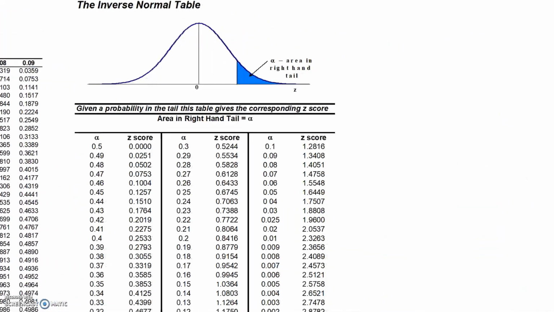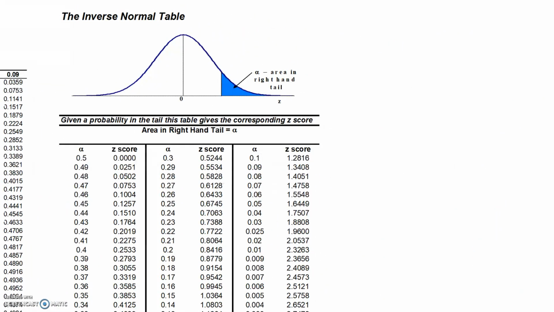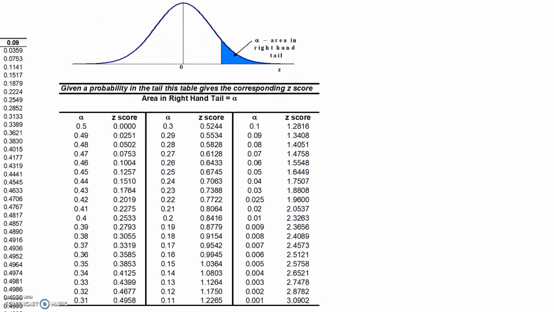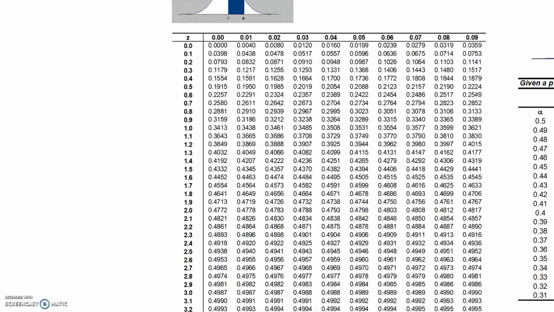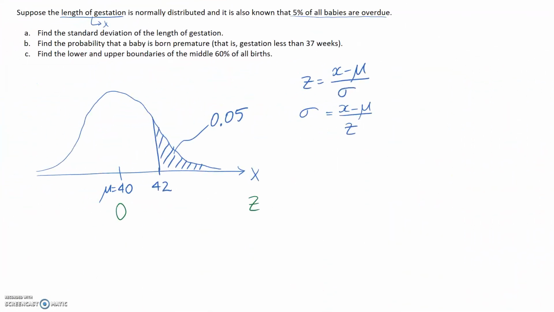So let's scroll over here. This is the inverse table. We're interested in this bit here being 0.05, so that's going to correspond to this z-score, 1.6449. Right, so that's the corresponding z-score for that part.